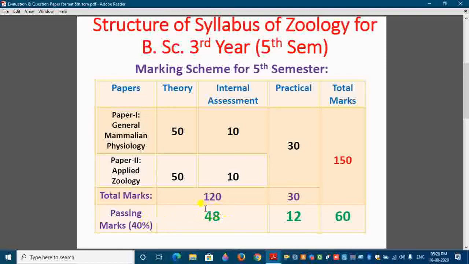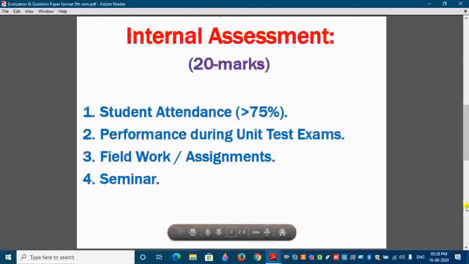And if you score 12 marks in the practical exam out of 30, then you can pass separately in the practical exam. So you must pass separately in the theory and in the practical exam. In total, you must score 60 marks out of 150. But remember that separately you have to score 40% in the theory out of 120 and in the practical out of 30. So that is the marking scheme for the fifth semester.